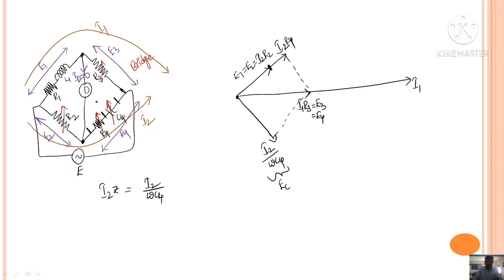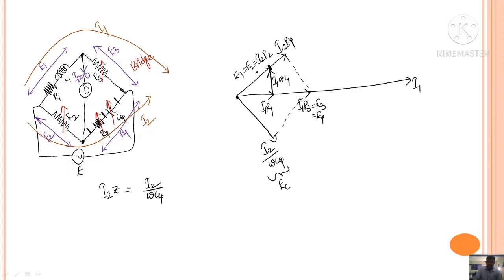Now E1 must be the resultant of two drops. One is the resistive drop and the other is the voltage across the inductance. What is the resistive drop? Up to this I can take the resistive drop, which is I1 R1, and this drop I can take as I1 into omega L1. So the resultant of I1 R1 and I1 omega L1 is E1, right? Right.